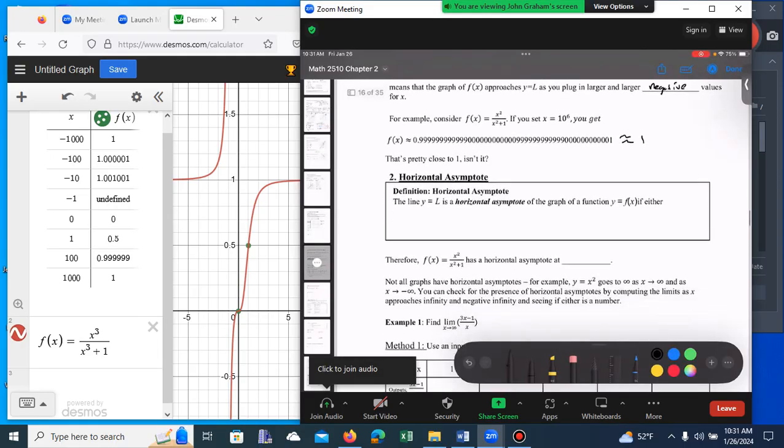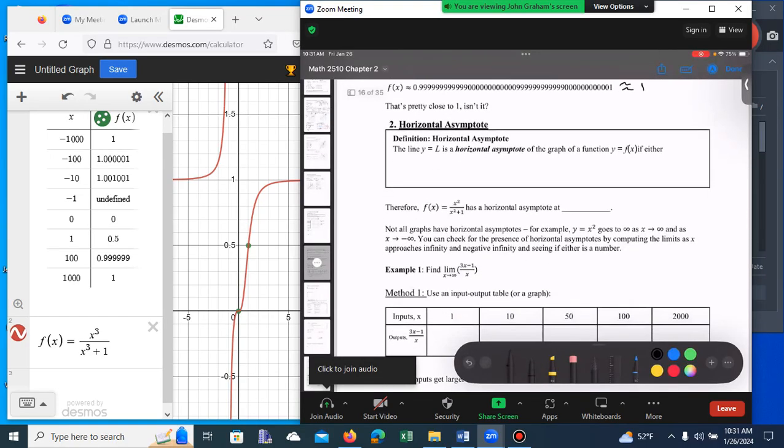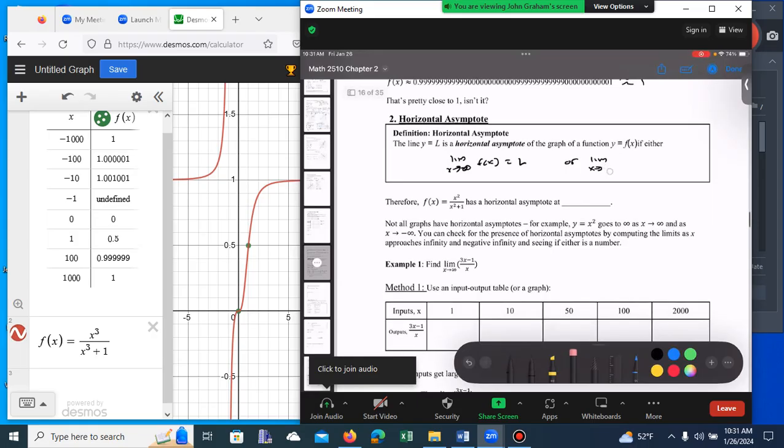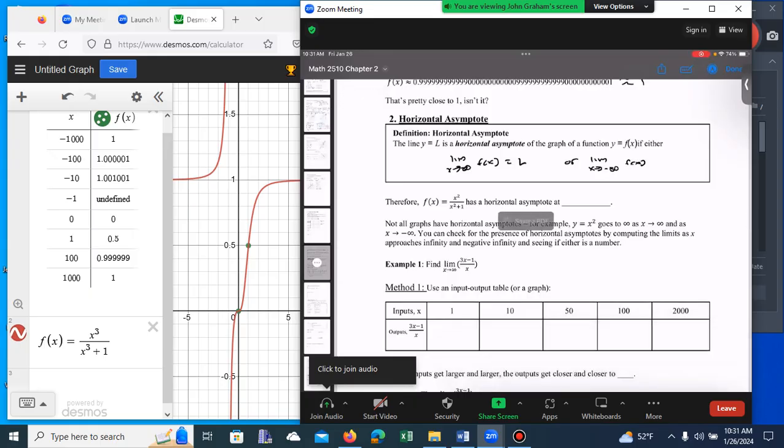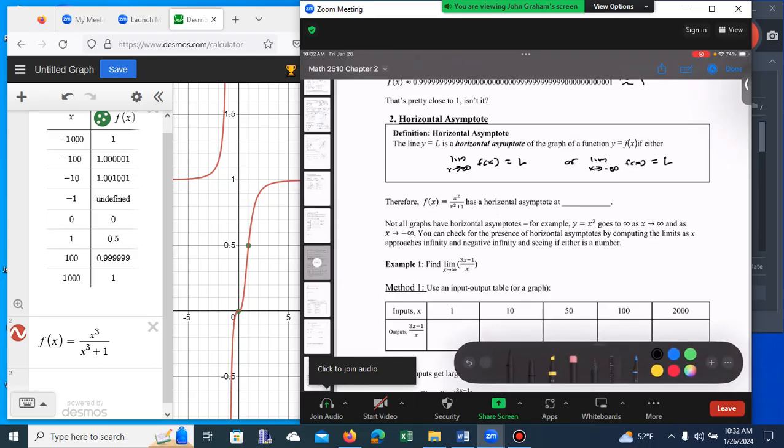Alright, so this is how we define the horizontal asymptote. The limit as x goes to infinity of f of x equals L, or the limit as x goes to negative infinity of f of x equals L. We don't have to have the same limit on each side.